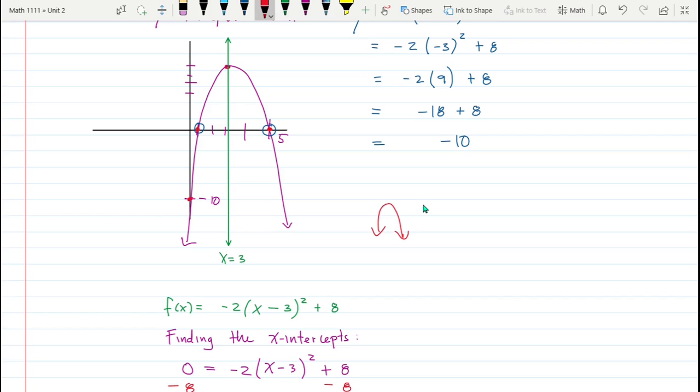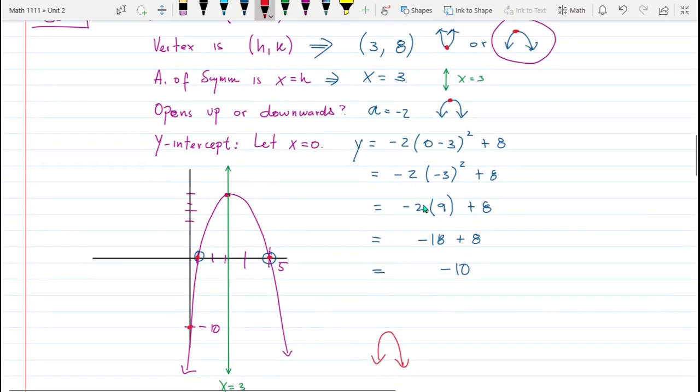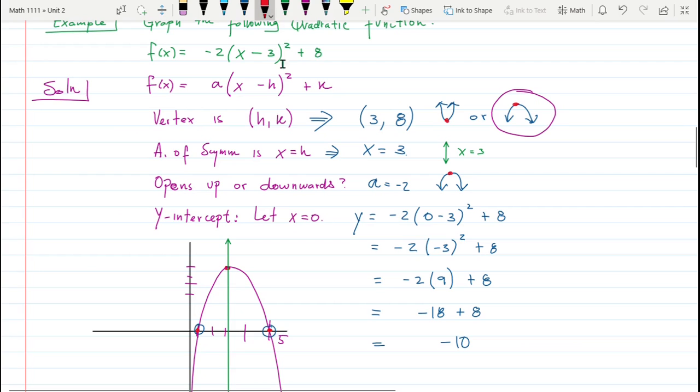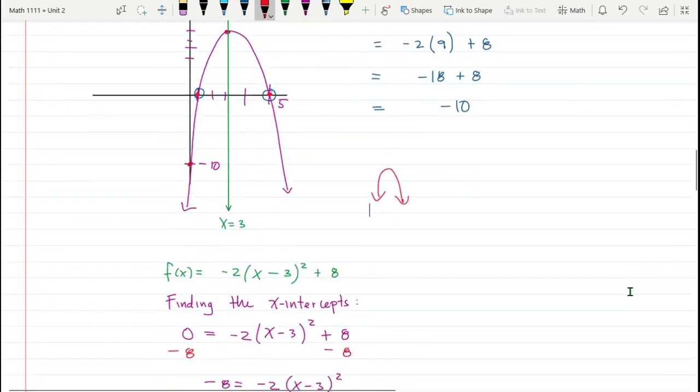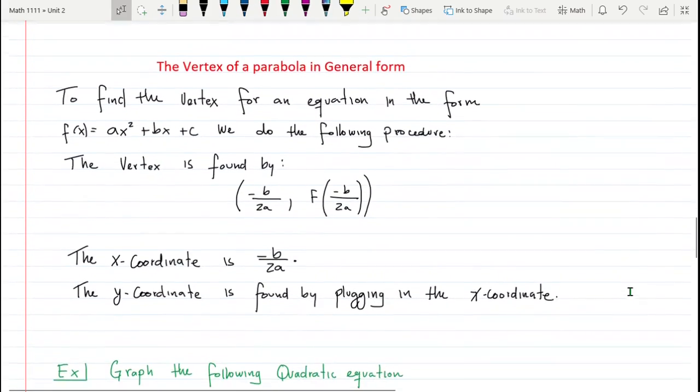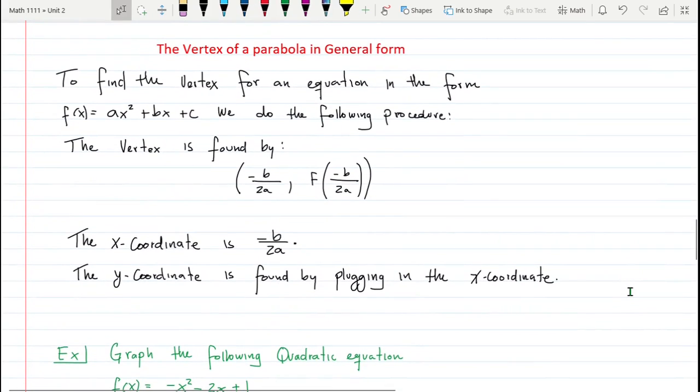So this graph is a little bit more accurate. Now what happens if you're given an equation that is not in this form, like the general form? And what is general form?